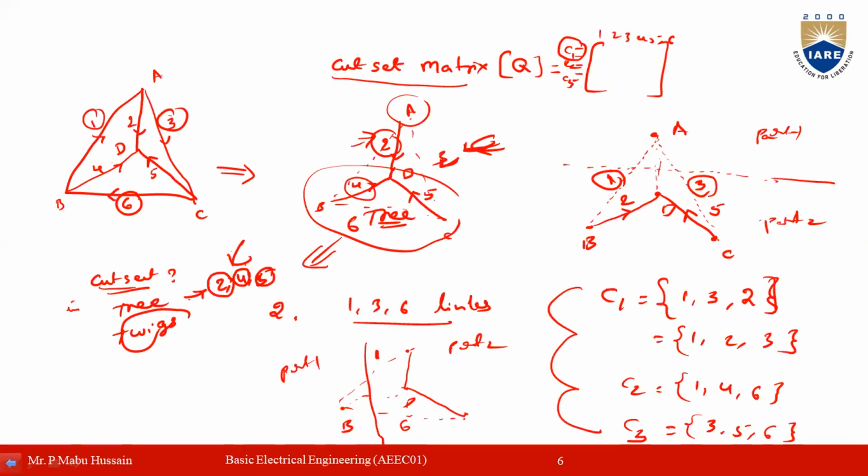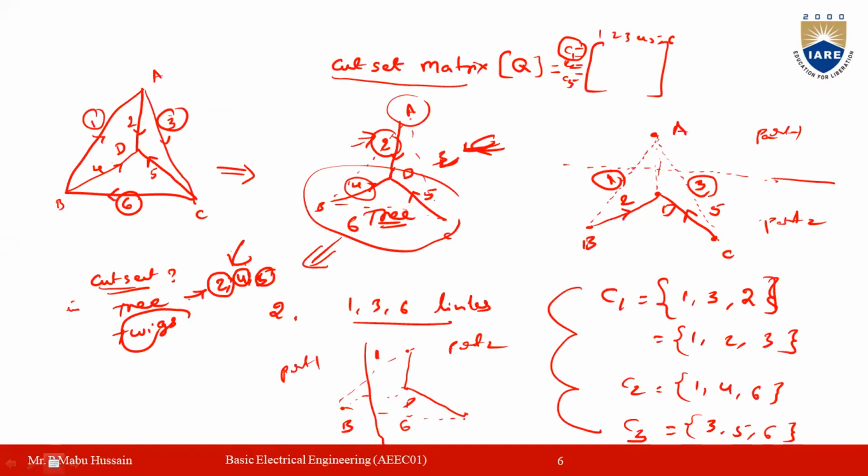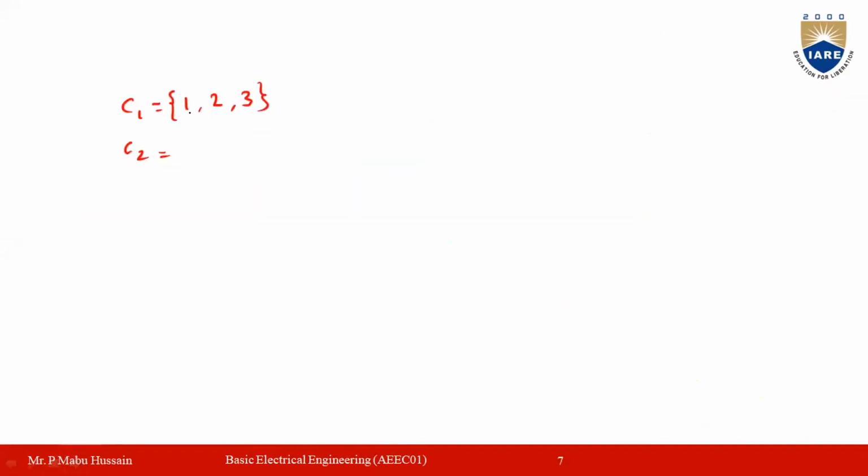So I will represent it in the next slide here. The cut set C1 is formed with what elements? 1, 2, 3. Okay. So 1, 2, 3 is one cut set. Next, cut set C2 is formed with 1, 4 and 6.